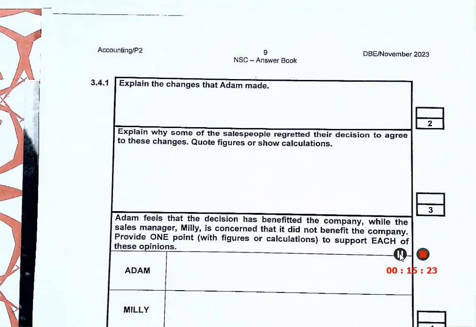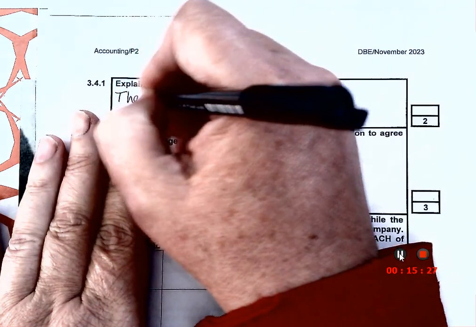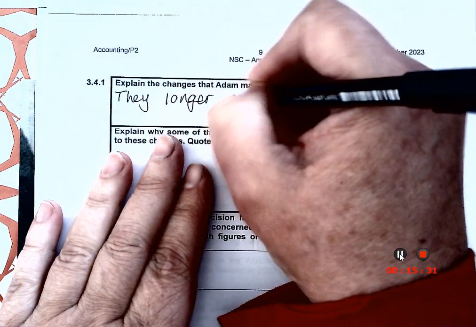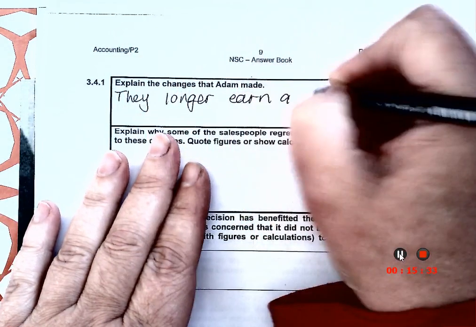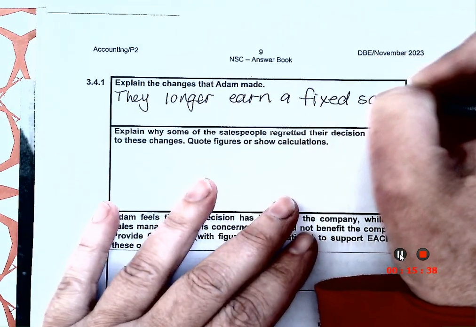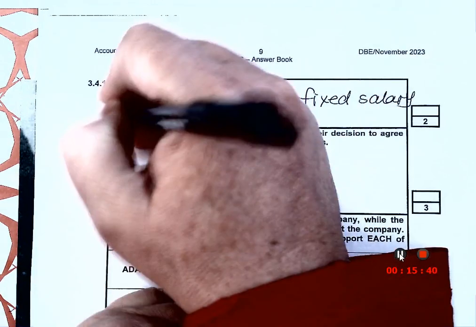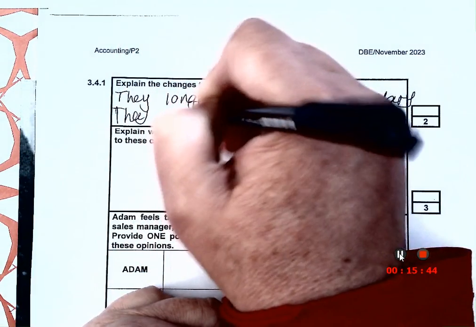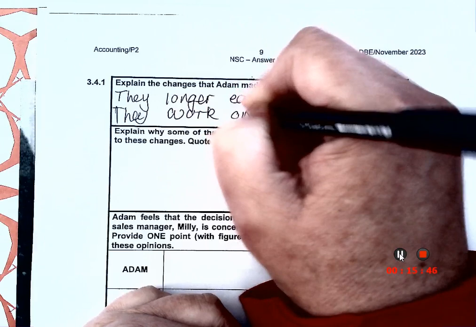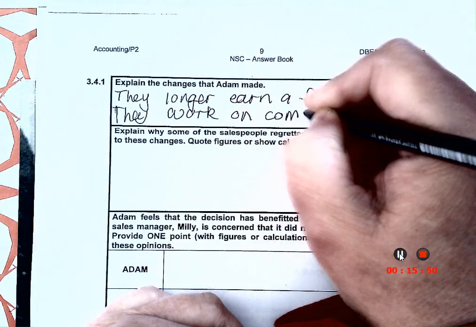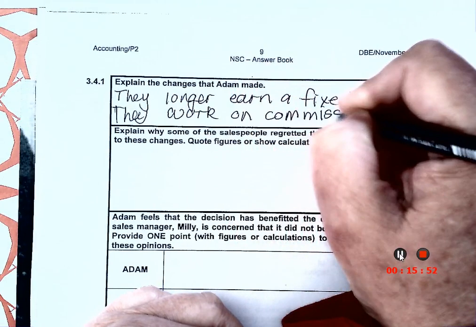So I'm going to say they no longer earn a fixed salary. They work for or on commission basis. Is commission 2 M's? Commission.